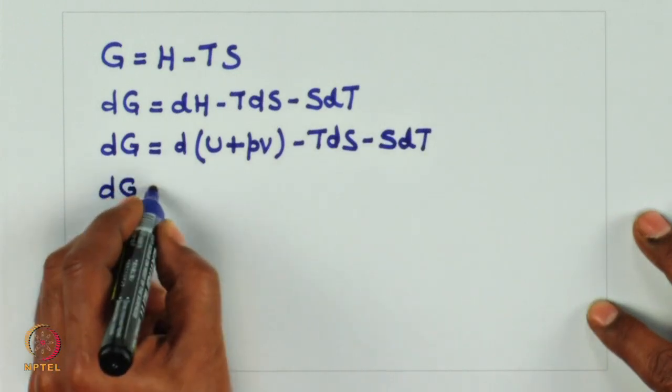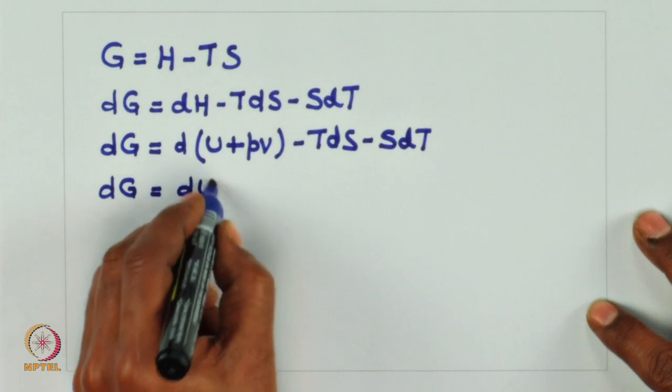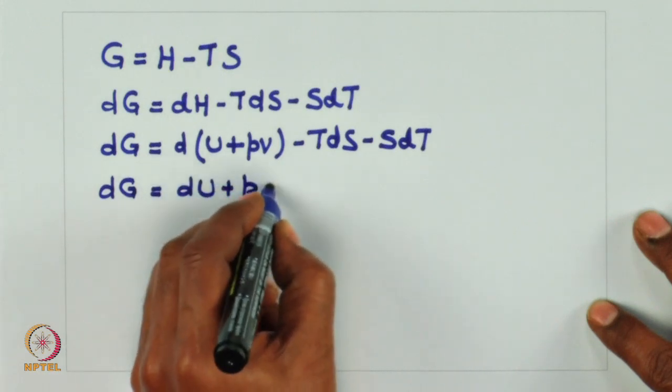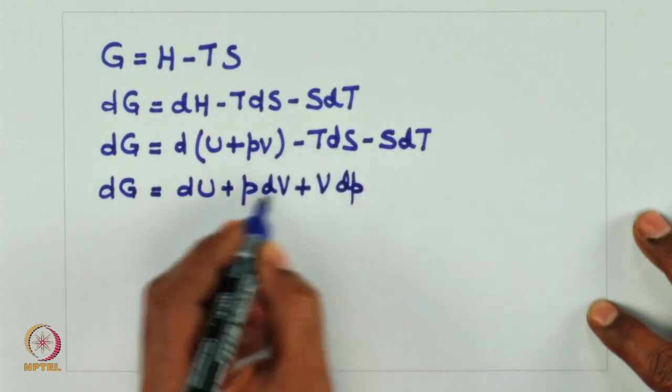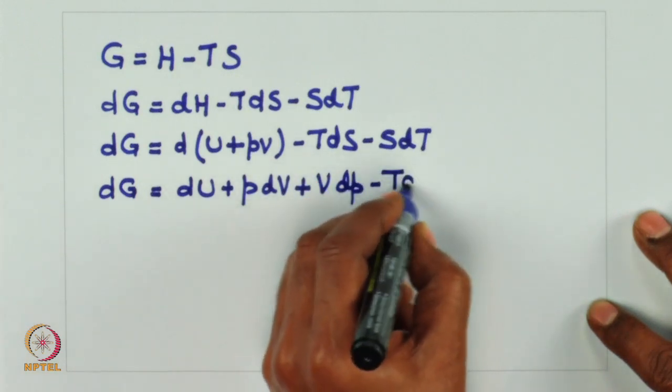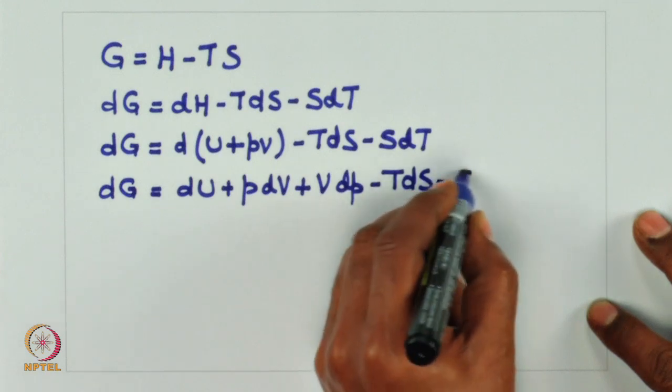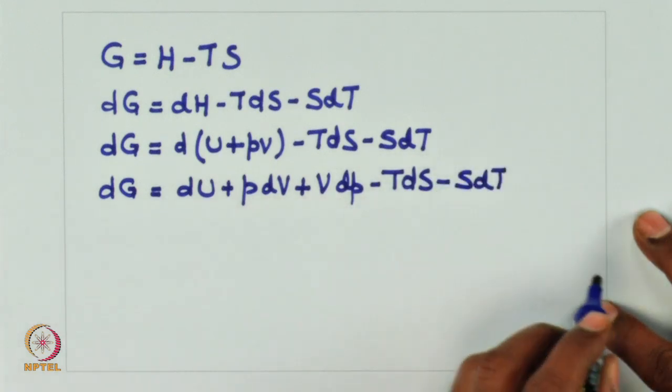Further, dG is equal to dU plus PdV plus VdP minus TdS minus SdT.